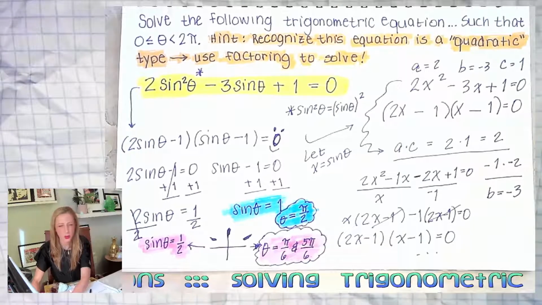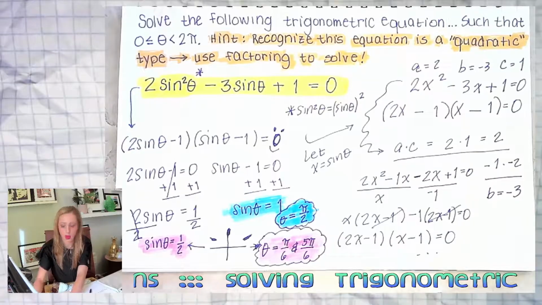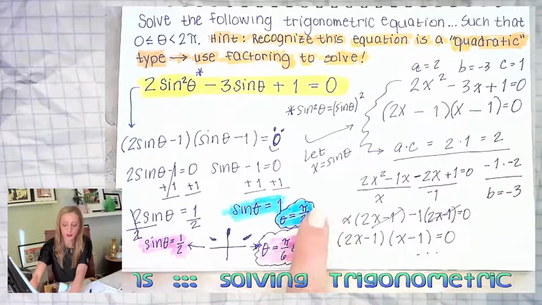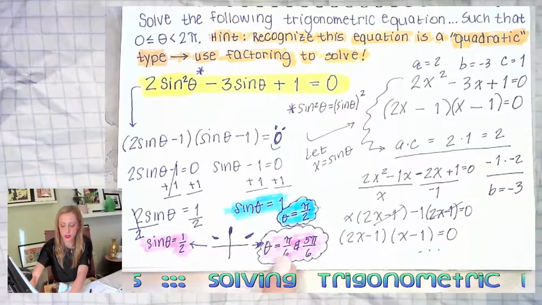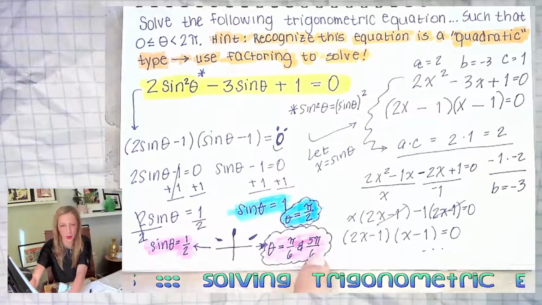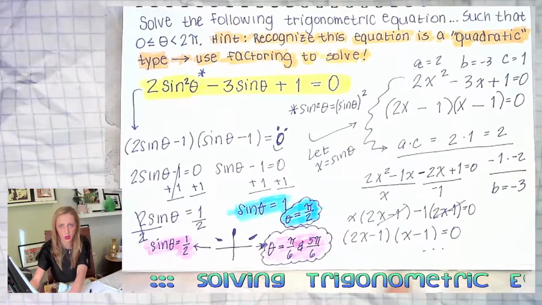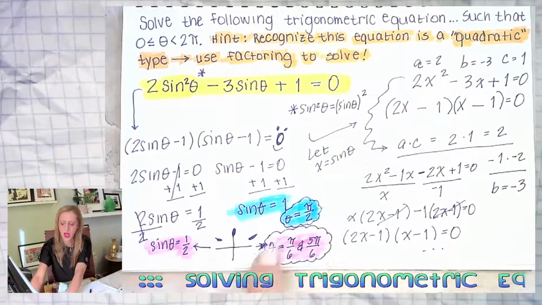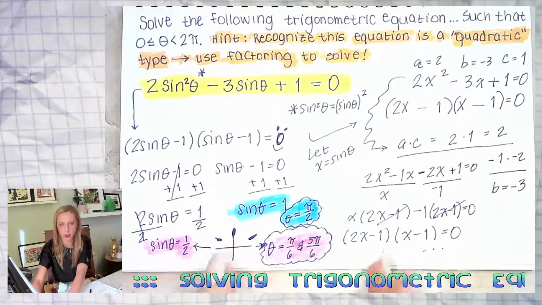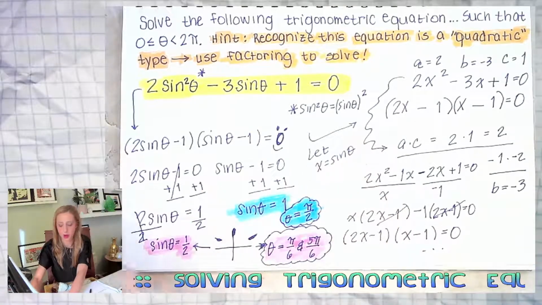Now, on a multiple choice assignment, you might have to be careful. They may list the choices in order from least to greatest. So then you would have the choices listed pi over 6, pi over 2, 5 pi over 6. So don't panic if you don't see them written in the order you have them written in. Sometimes I like to leave them on my paper grouped based on where they came from.